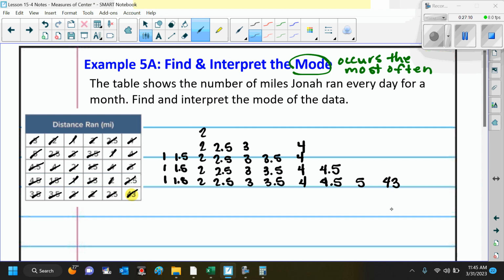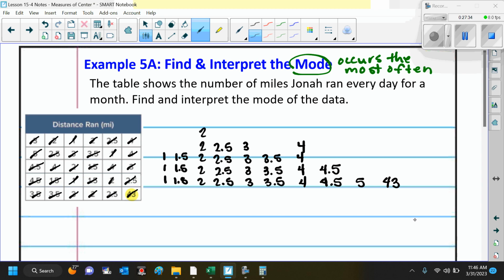Just because that's what the data says. And again, the people writing this maybe meant to put 4.5, maybe they meant to put 4.3. Who knows? But I'm just going to put 43 because there's no decimal in there. So we want to see what the mode is.